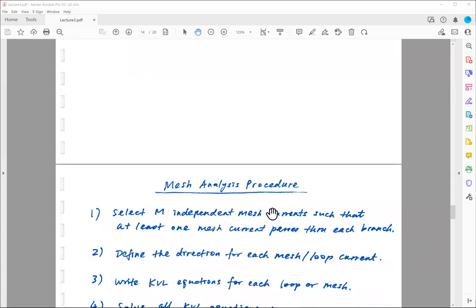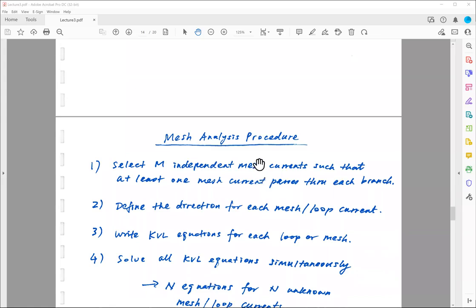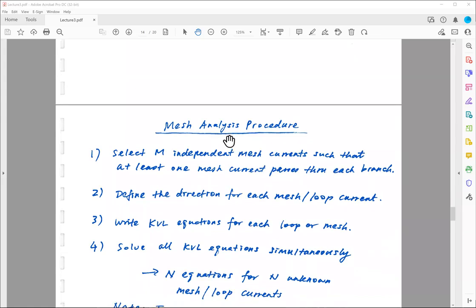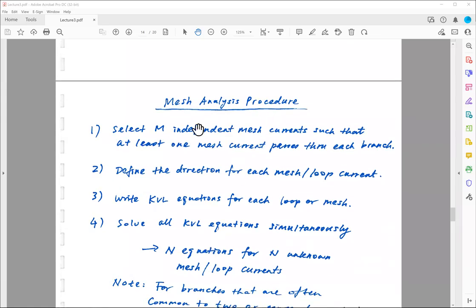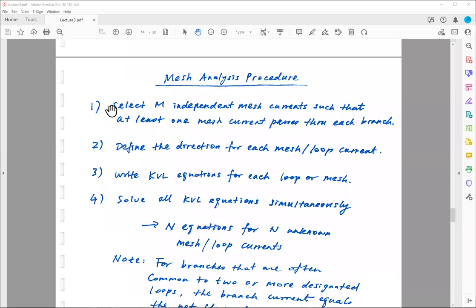Now, let me first talk about the general procedure for mesh analysis, and we'll come back to revisit each of these steps. Number one, select m independent mesh currents such that at least one mesh current passes through each branch. Number two, define the direction for each mesh or loop current.